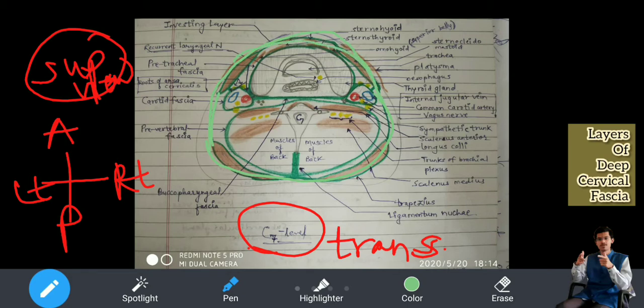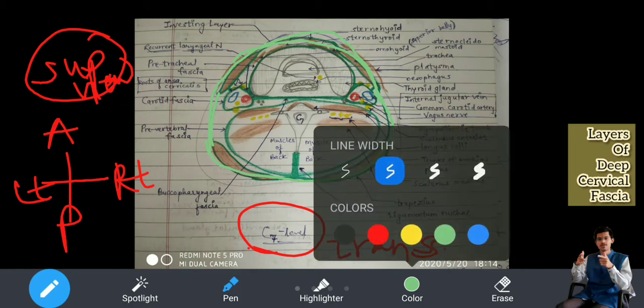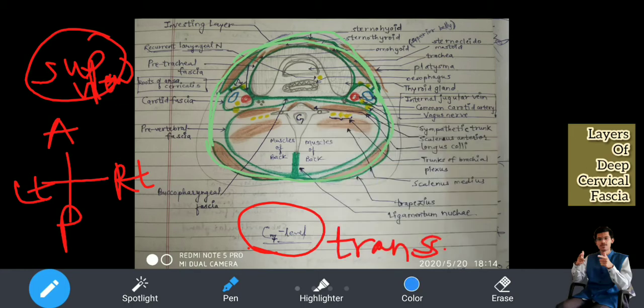This we have already seen. Now I will show it to you in blue. This is the thyroid gland, and behind this is the tube, that is the trachea, behind which is the esophagus. The name pretracheal comes from pre, meaning in front.